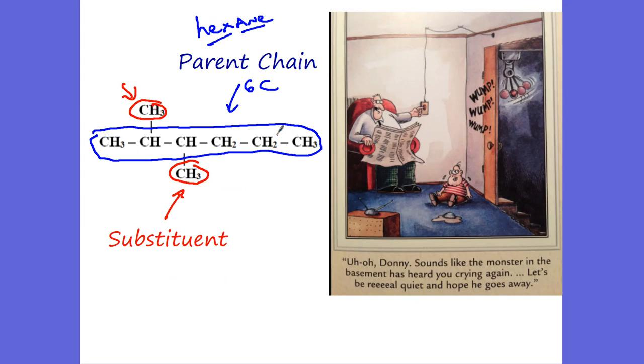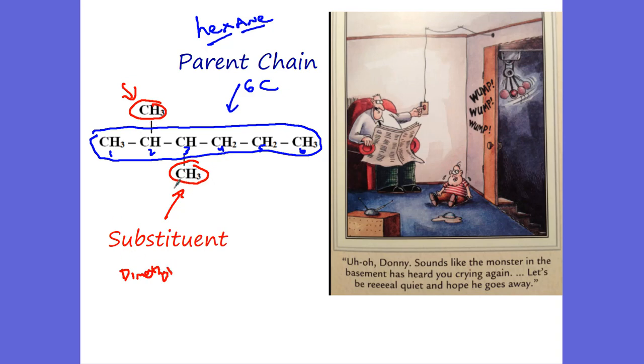So let's come back to that example I had right here, this parent chain. I knew the parent chain was hexane. Now let's go to number it. Am I going to number from the left to the right or the right to the left? Well, this way would be 1, 2, 3, and the other way would be 1, 2, 3, 4, 5. So I'm going to number it this way. 1, 2, 3. Remember, I'm always doing the lowest numbering possible. So I have a methyl group coming off of the second one, and a methyl group coming off of the third one, which means I have to call that dimethyl.